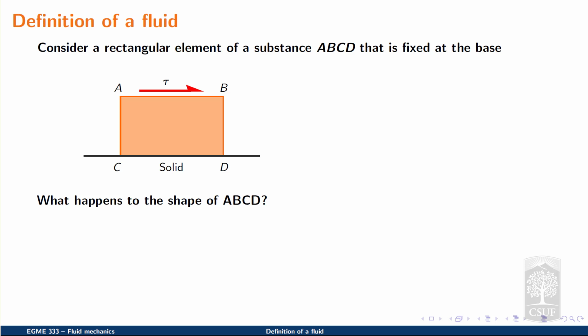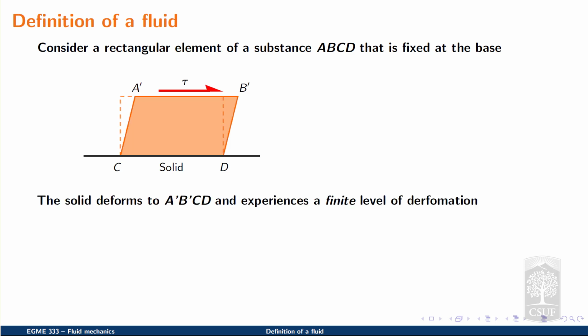From solid mechanics, you can infer that the solid will deform to a new shape, A prime, B prime, CD. So in essence, when we apply a lateral shear force, this substance will experience a finite level of deformation, which we can quantify with the Greek letter theta.